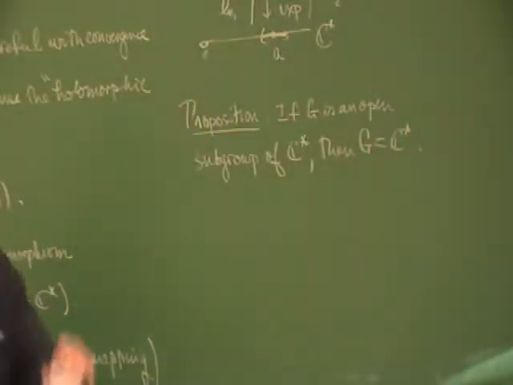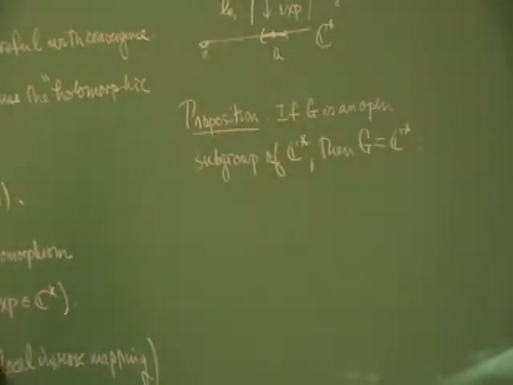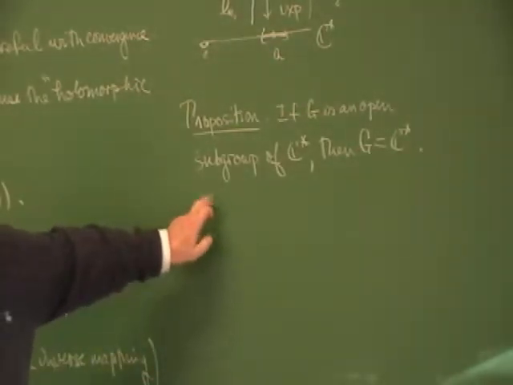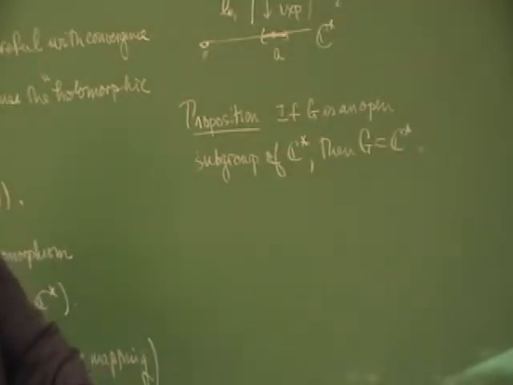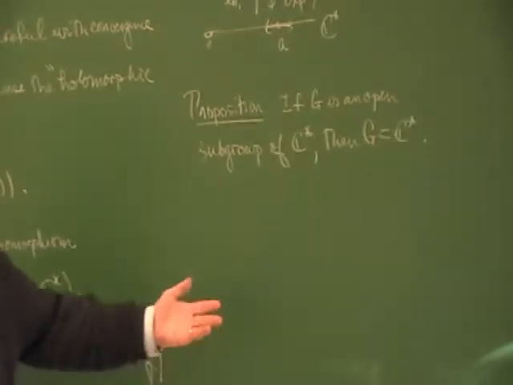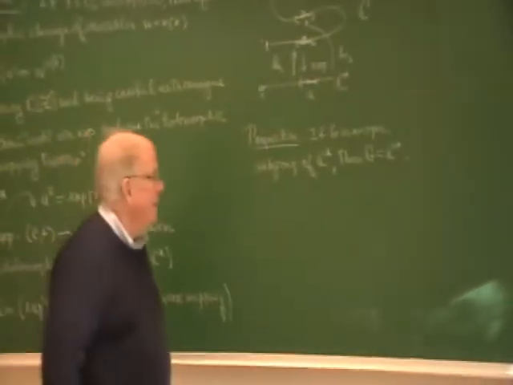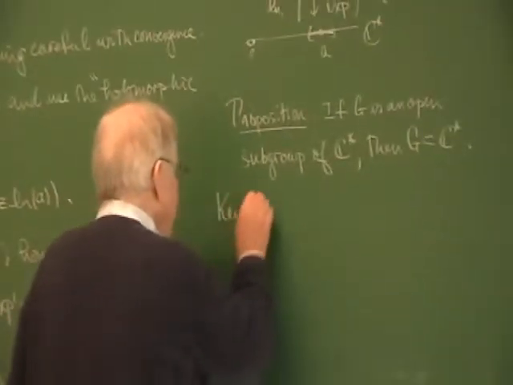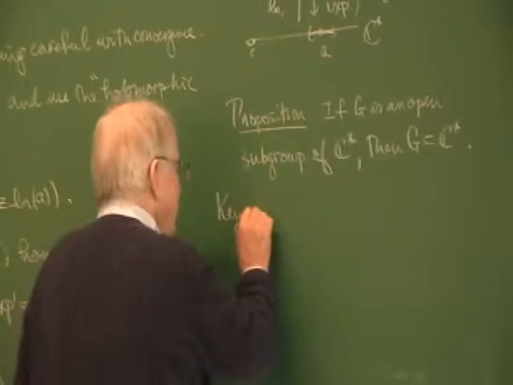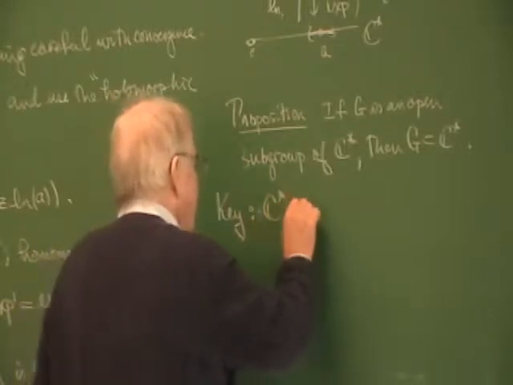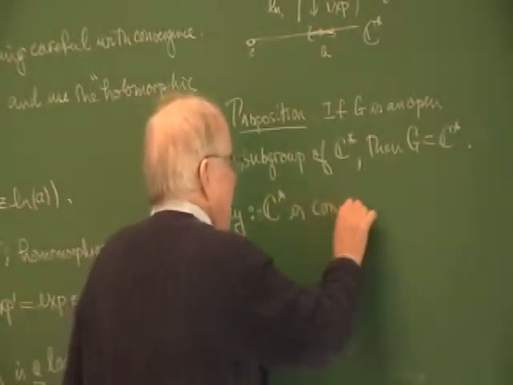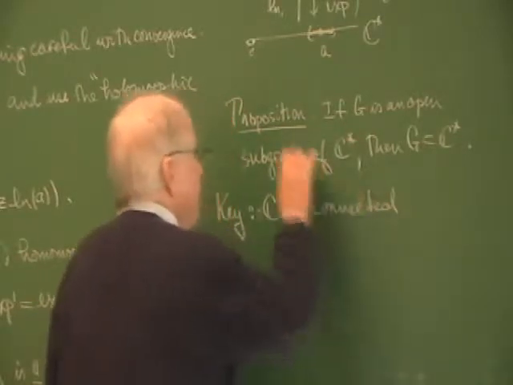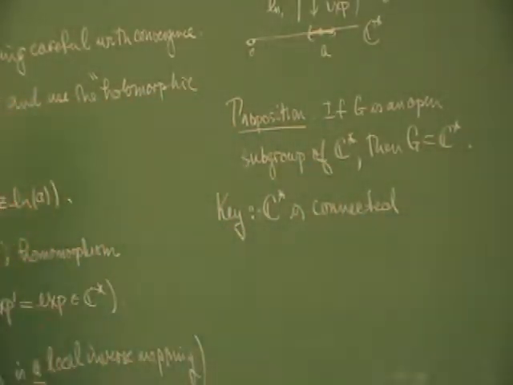Another way of saying that, I looked at your homework this morning. I hadn't really proved that yet in the course. I proved it in the notes. But this is the fundamental thing. There are no interesting open subgroups of C star. Okay? And the key you will see is that C star is connected, because in the proof of this thing you show that it's open and closed. And if it's open and closed, then it's everything.